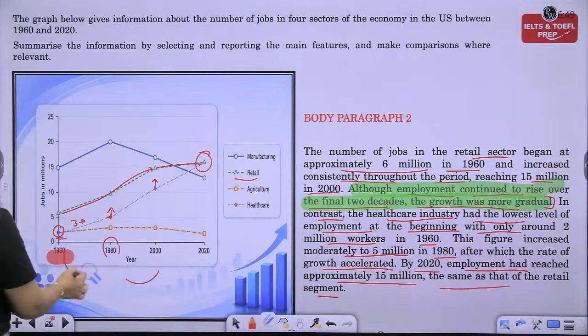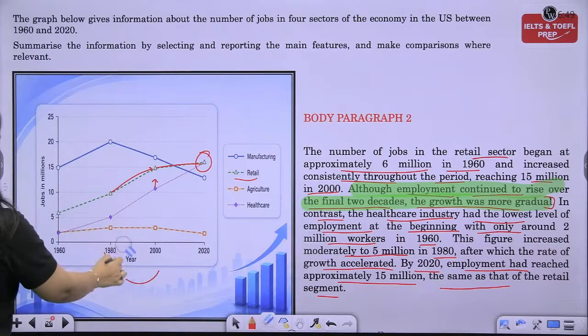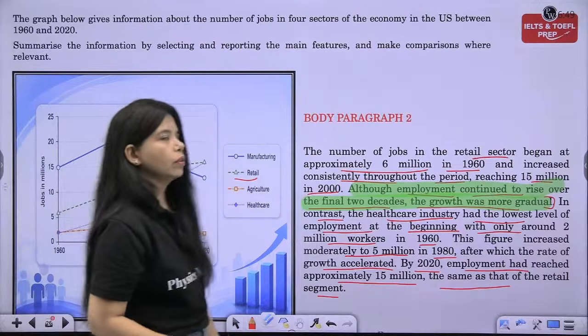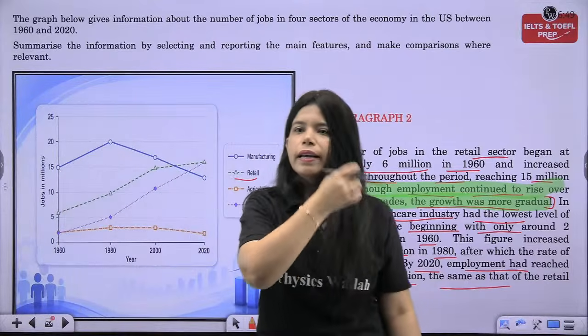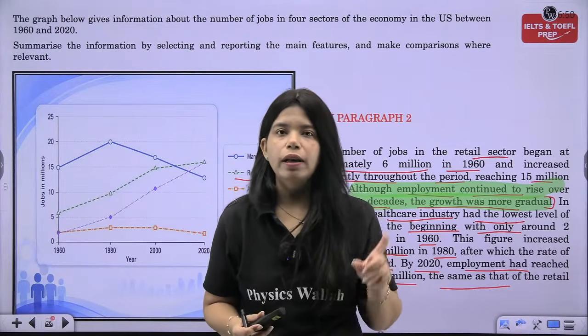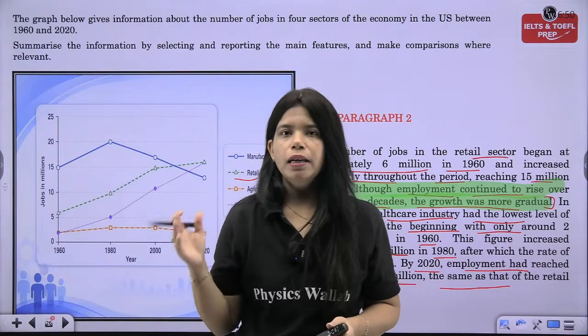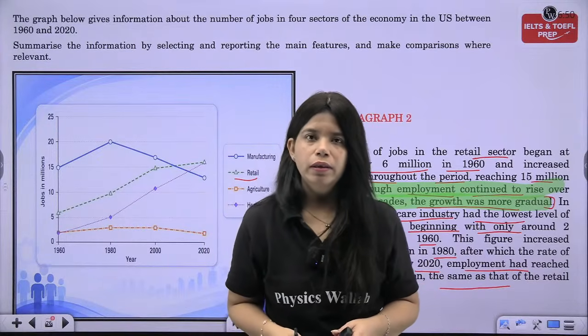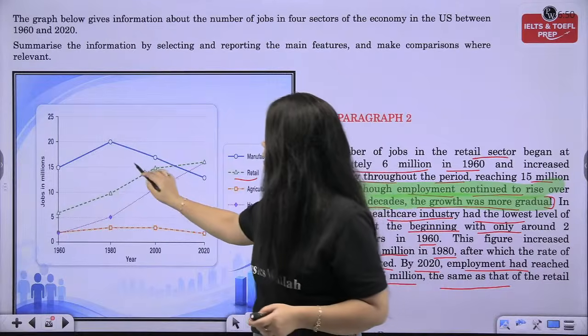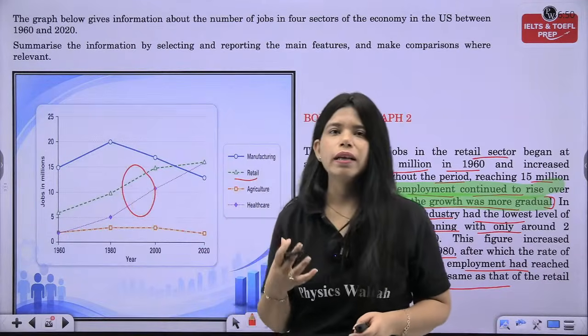Let me know if this sounds clear, guys. So with that, it's the wrap of our second body paragraph. And for all the lines, I have used that set framework: starting, ending, and in the middle, I'm reporting the turning points. And in these two lines, which are similar, I'm also telling the rate of growth.